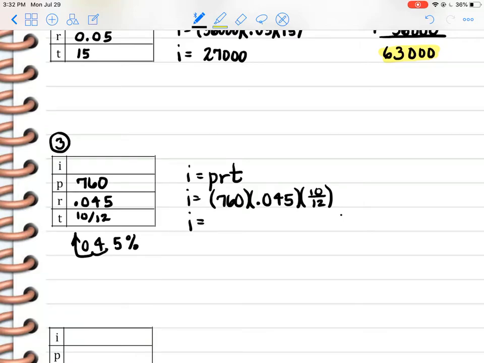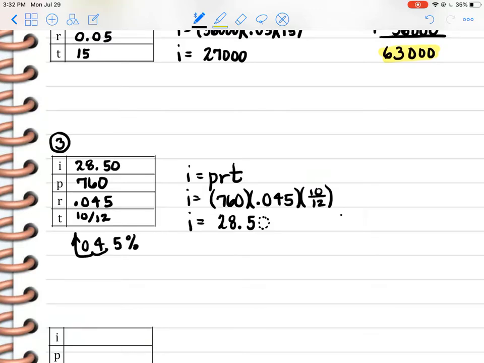Just type that into your calculator: 760 times 0.045 times 10 over 12 equals 28.5. So make that 50 cents.